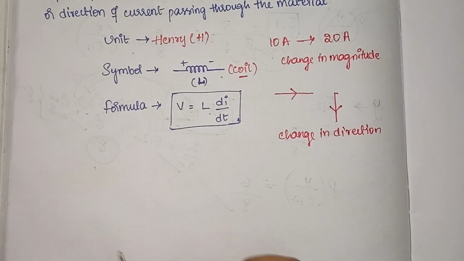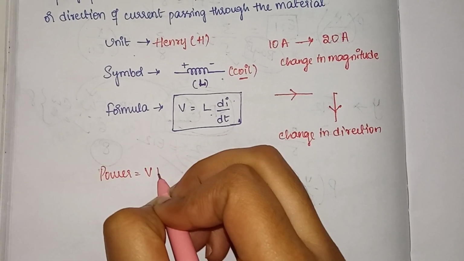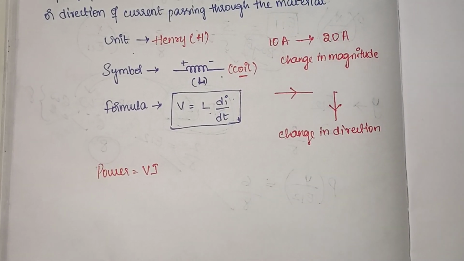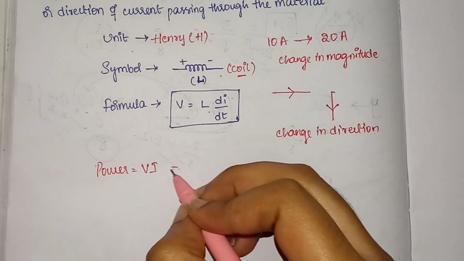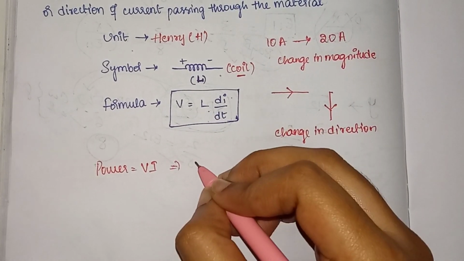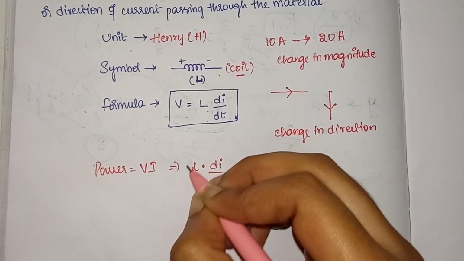Now let's see the power equation. We all know power is equal to V into I, which is nothing but product of voltage into current. Now we have V from the formula of inductance. We have V is equal to L into di by dt.